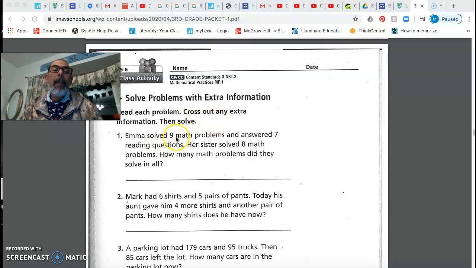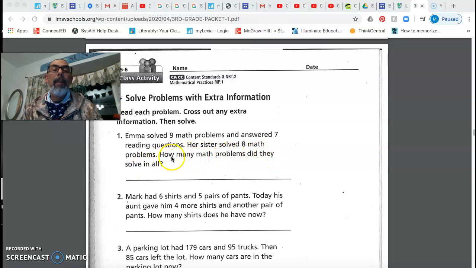Here was an example of having too much information. I'll just do the first problem as an example. If there are 9 math problems, I would underline that. Here also there were 7 reading questions. The sister solved 8 math problems. I would underline that. And then it says how many math problems did they solve in all?